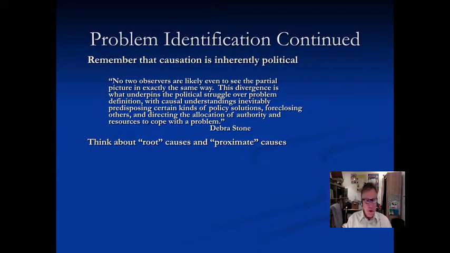So you can probably get to this by way of example. If we think about homelessness, and if we argue that the root cause of homelessness is that we live in a capitalist economy that makes people vulnerable to being homeless, that's one of the causes we are arguing is underlying homelessness.